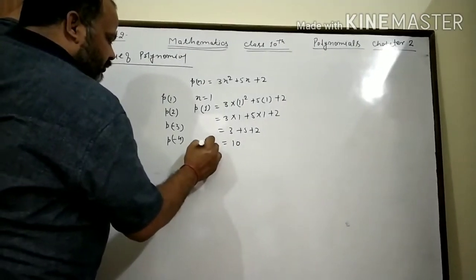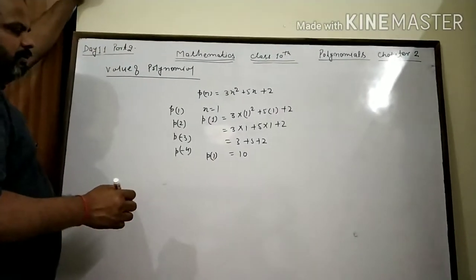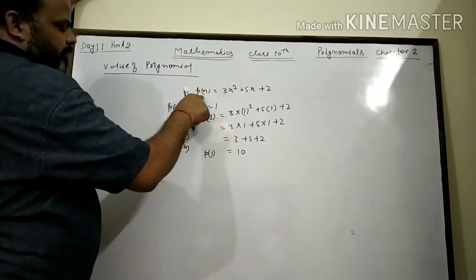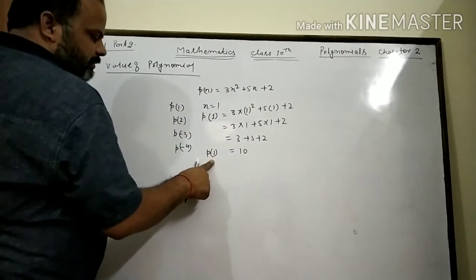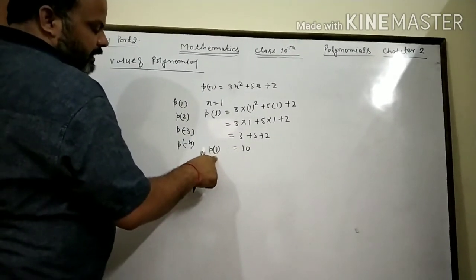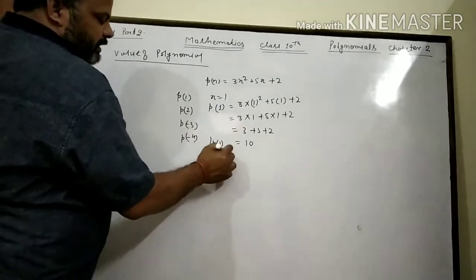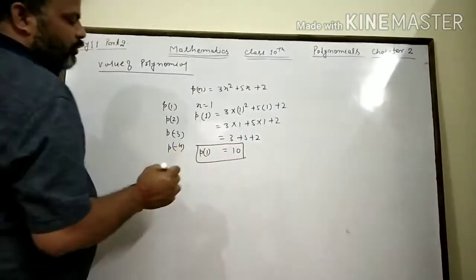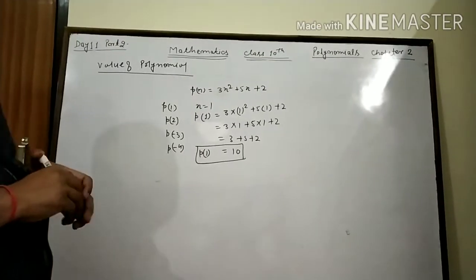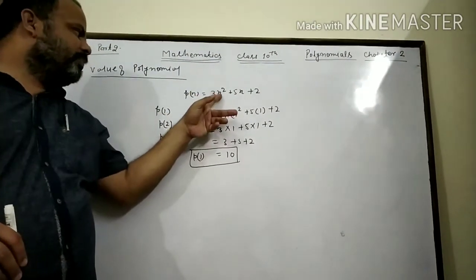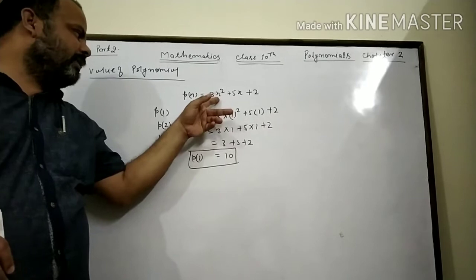Then value of polynomial p(x) at 1 is 10.